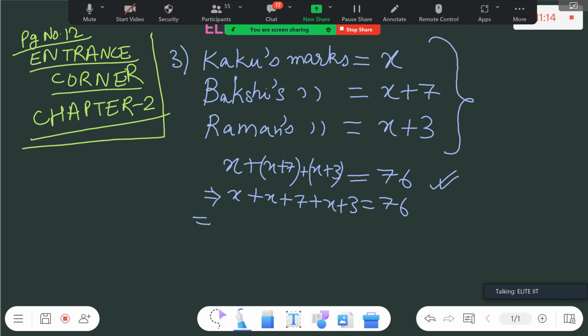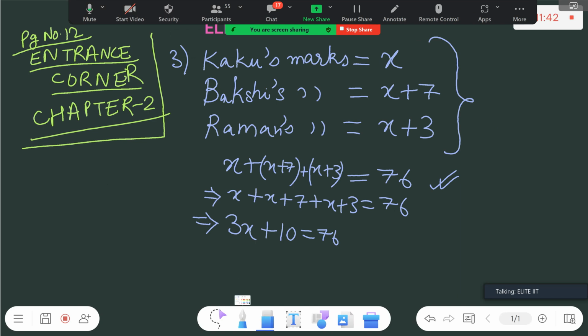Now how many x are there? X plus x plus x, 3x. Clear? Plus 7 plus 3 is 10, equal to 76. This much clear? Yes, sir.